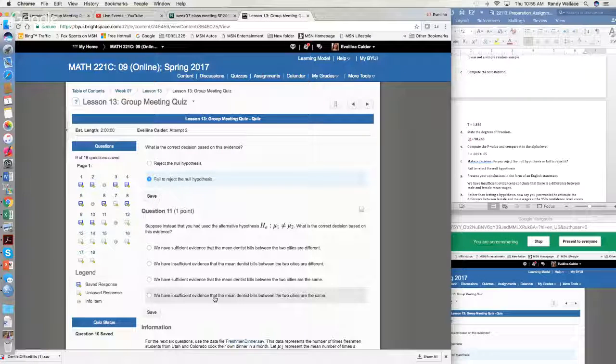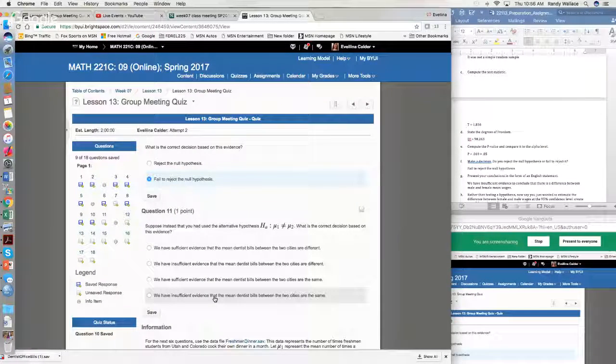Well, but don't we know that they're already different? The question said to use the alternative hypothesis. What is the correct decision based on this evidence? We still reject the null hypothesis. We failed to reject the null hypothesis. We have insufficient evidence that the mean dentist bills between the two cities are the same.